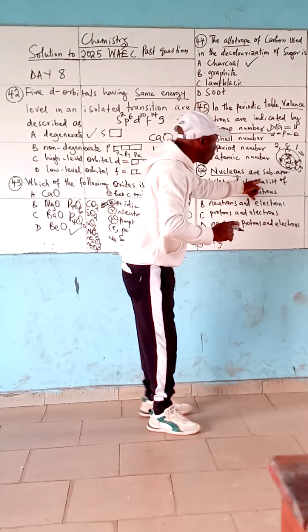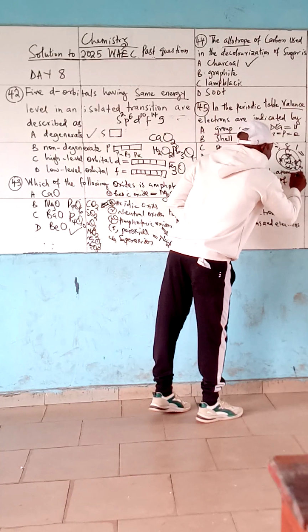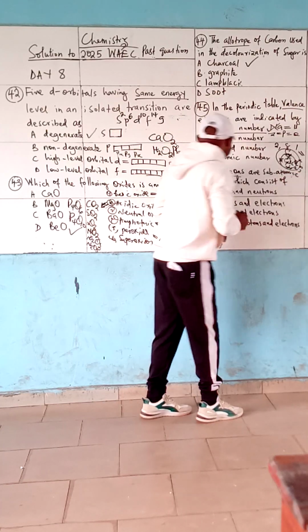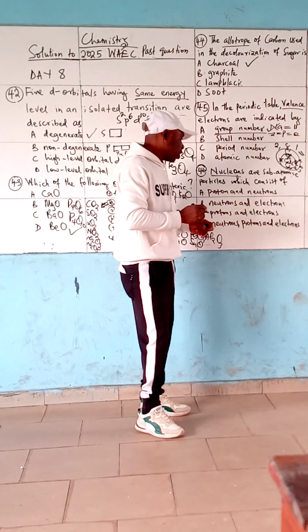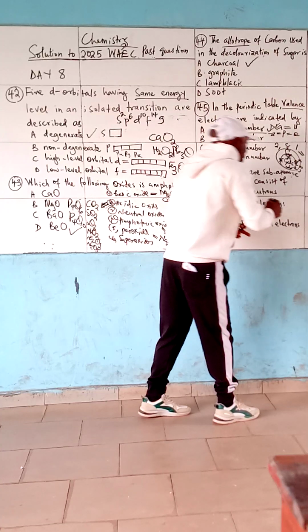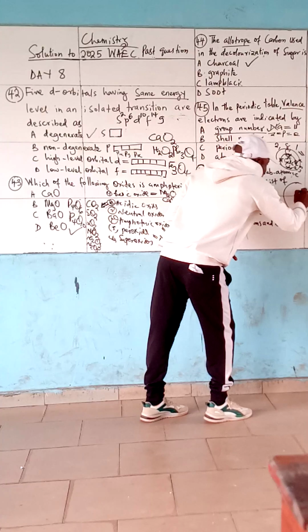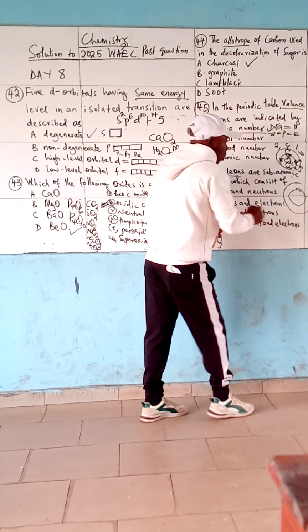46. Neutrons are subatomic particles which consist of dash. Rutherford in 1911 said that an atom is a spherical structure with its weight centered in the nucleus.